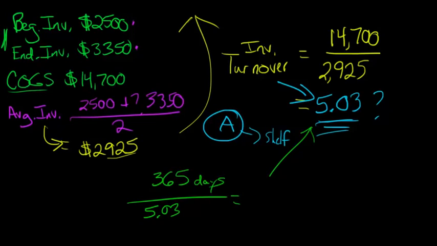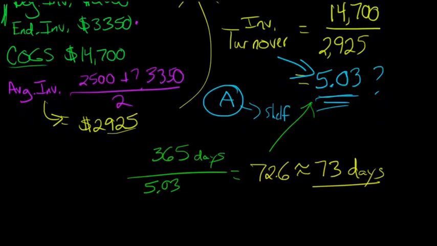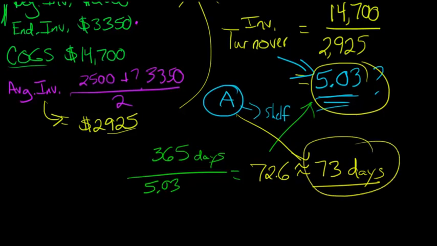Well, that gives us 72.6, which we'll round to 73. It's 73 days. What does this mean? It means that every 73 days we sell product A. We can think of it as turning it over 5 times a year, or as selling it once every 73 days.